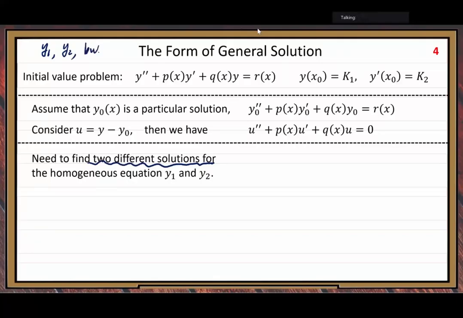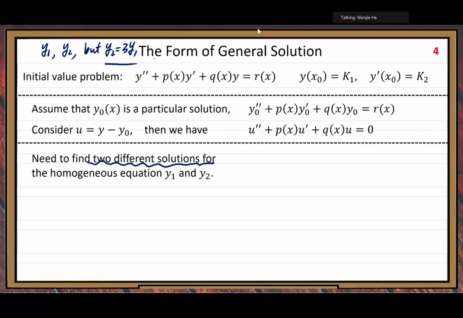But your y2 equals 3y1. Okay? y2 happens to be 3 times y1, although they are different. You cannot say they are the same solution, right? They're different. But if you use this y1, y2, you cannot get what you want.